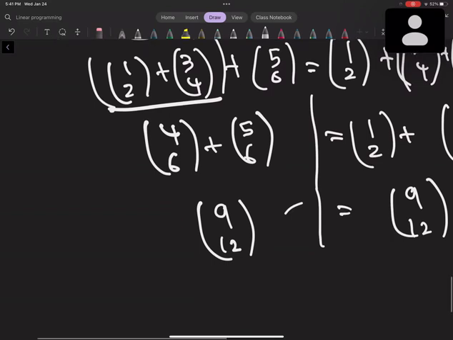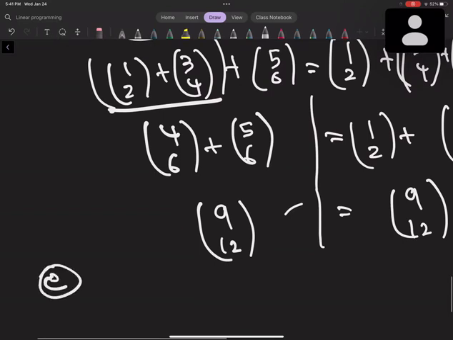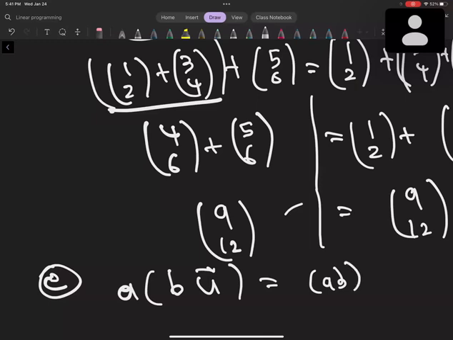Okay. So let's make E say one scalar times another scalar times one vector is the same as the two numbers times the vector.